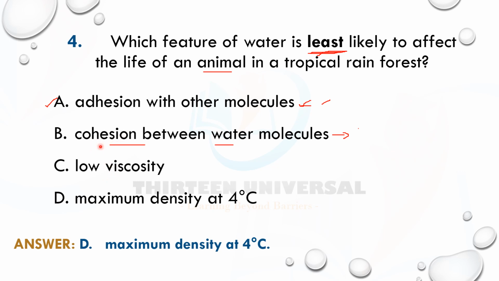This has to do with the inside of this animal. So all of them are very important. This has to do with the environment. So it prevents the freezing of water bodies in winter. But this is only important if the animal is aquatic. If this animal is not aquatic, it doesn't need this. So this is the least important.